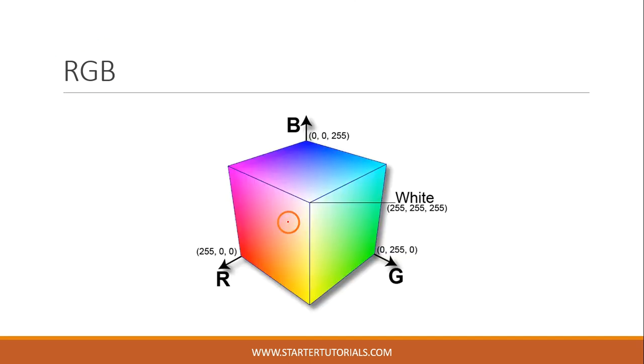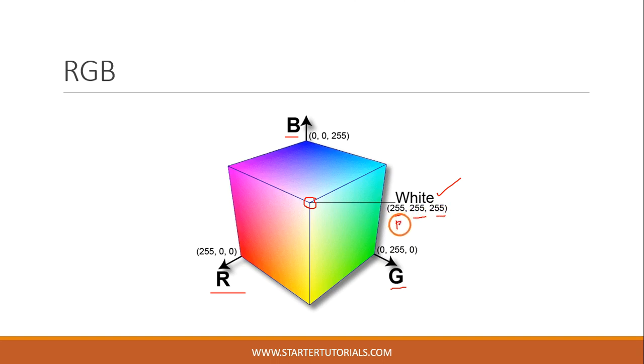For example, you see this cube, where we have three components: red, green, and blue. If you take this corner of the cube, which is white, it is represented using red, green, blue values of 255, 255, 255.